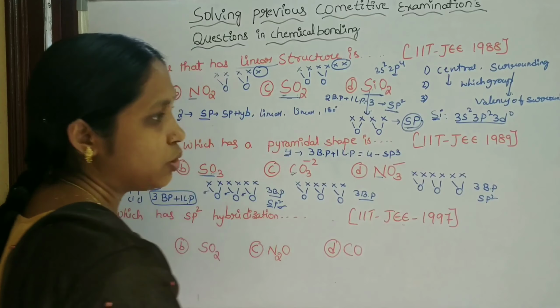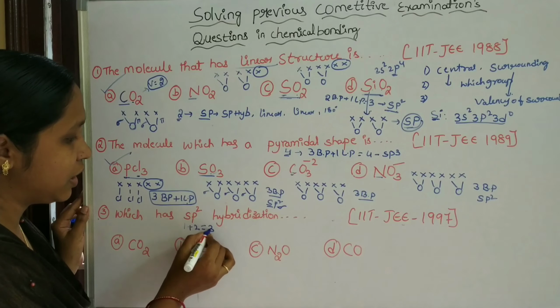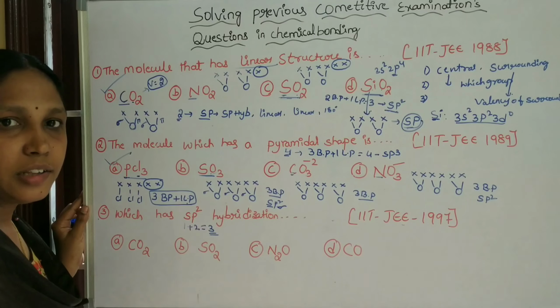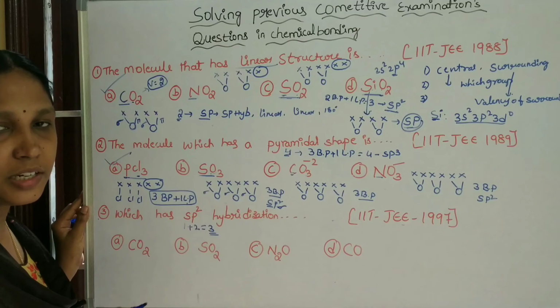And next, which has sp2 hybridization? sp2 is one s orbital and 2 p orbitals, so 3. So in total, 3 pairs of electrons are present in the molecule. Which molecule has 3 pairs of electrons? It shows sp2 hybridization.